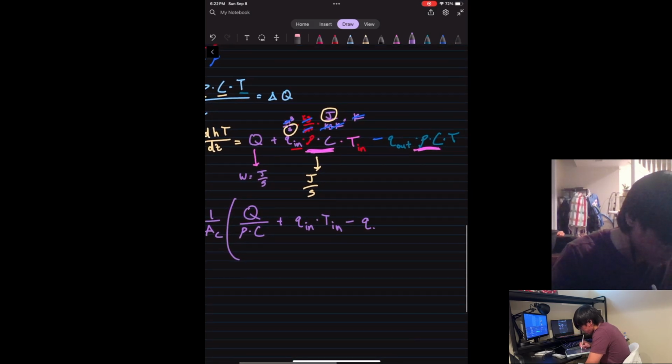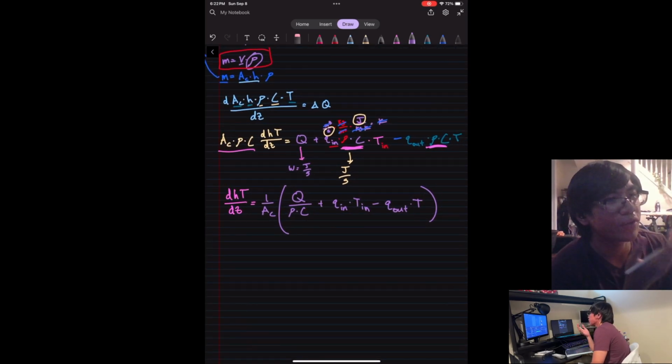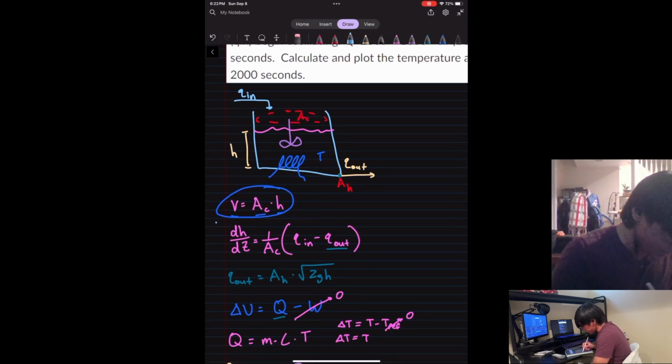And then very similarly, we have our outlet flow, Q_out and T. Okay, so what you might be wondering is, what do we do with those two dependent variables in our single derivative? Well, if you remember from the previous problem, we actually already have dH/dt.